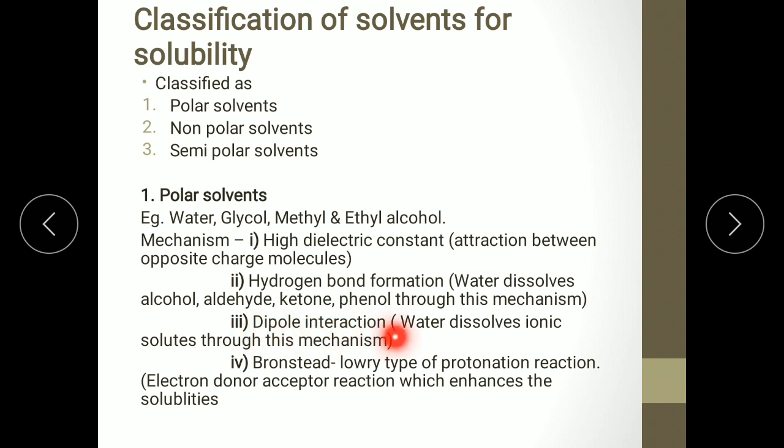Third one is dipole interaction, where water dissolves ionic solutes through this mechanism. And the last one is Bronsted-Lowry type of protonation reaction, where electron donor-acceptor actions enhance the solubilities. Means electron donating or accepting leads to formation of bonds, which increases the solubility of a particular solute if that solute is an acid or base.